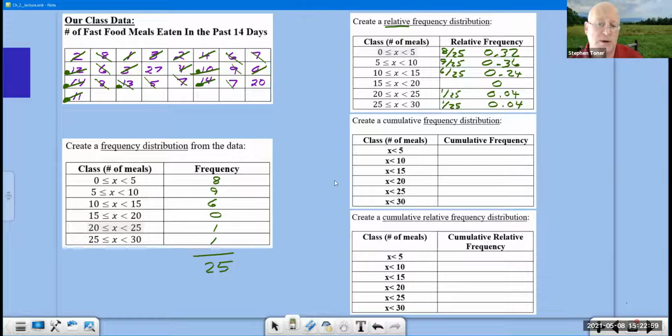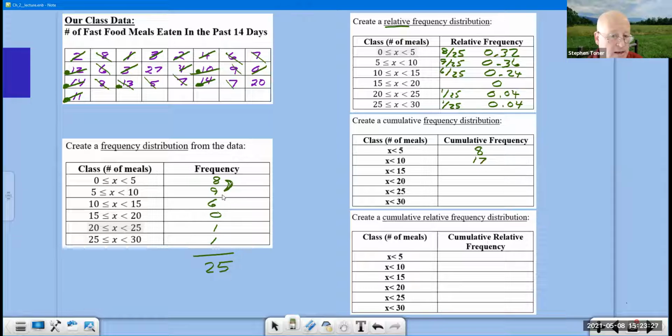Okay, now we move on to a cumulative frequency distribution, and notice the category descriptions have changed because it's the under 5, under 10, under 15. Now these are frequencies, not relative frequencies. So I'm going to start with the 8 that was in that first category, and then I'm going to combine the 8 and the 9 together to get a 17.